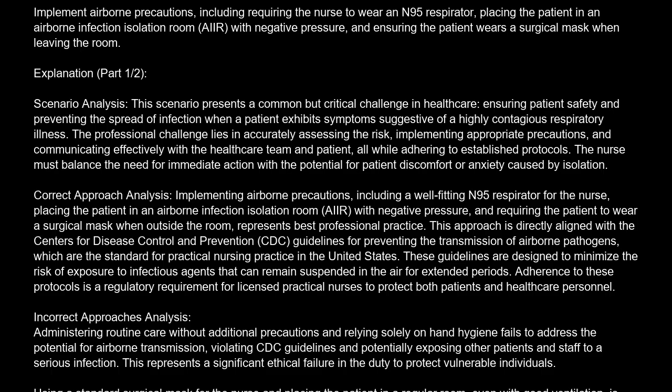This scenario presents a common but critical challenge in healthcare: ensuring patient safety and preventing the spread of infection when a patient exhibits symptoms suggestive of a highly contagious respiratory illness. The professional challenge lies in accurately assessing the risk, implementing appropriate precautions, and communicating effectively with the healthcare team and patient, all while adhering to established protocols. The nurse must balance the need for immediate action with the potential for patient discomfort or anxiety caused by isolation.